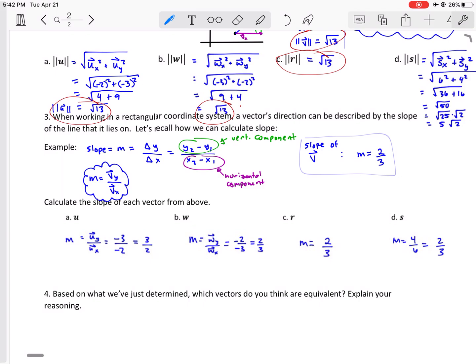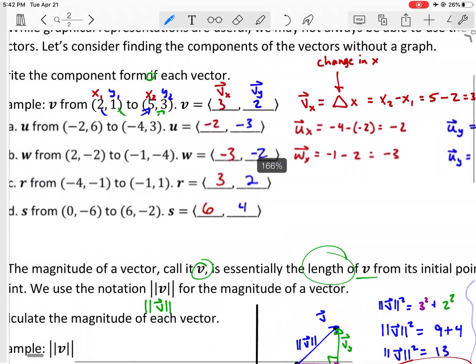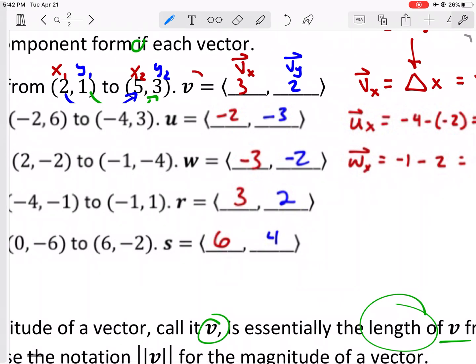Does that mean they're all equivalent though? Let's look back up at our components. V had a component of 3 in the horizontal and 2 in the y. The only other one that's the same is R. That's how we can tell. Look at W. It's completely opposite.